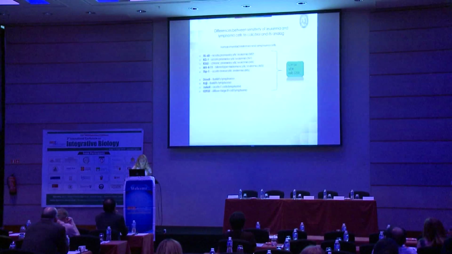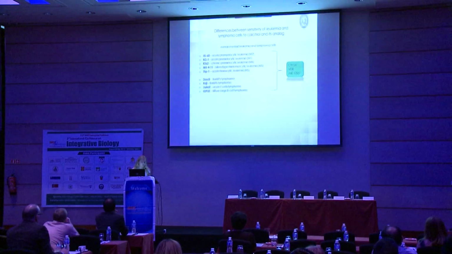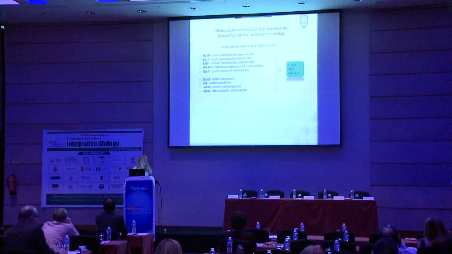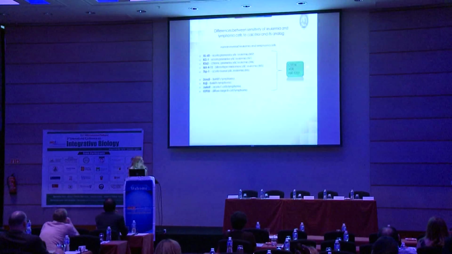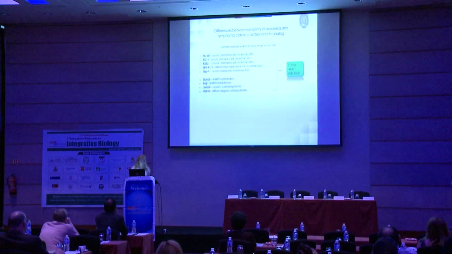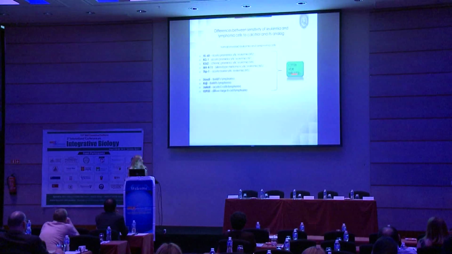So we decided to check if in human leukemia and lymphoma cells these two molecules, CYP24 and VDR receptor, are expressed, and if there is any correlation with microRNA 125b expression.